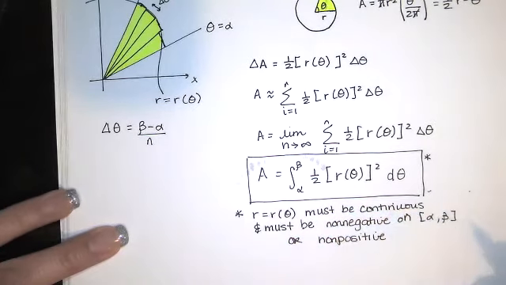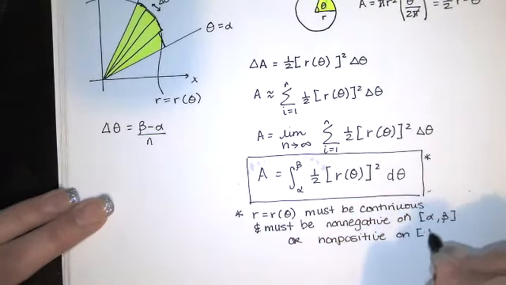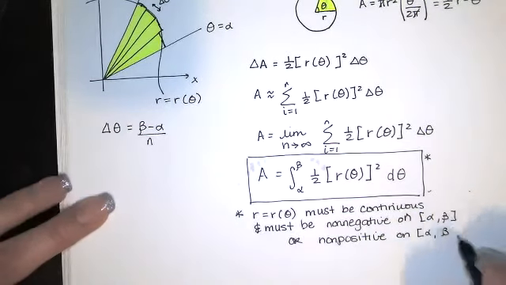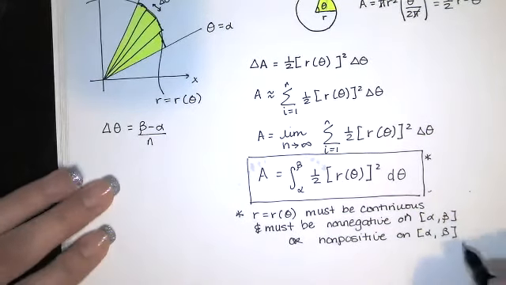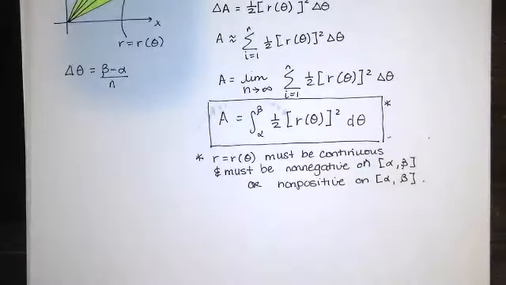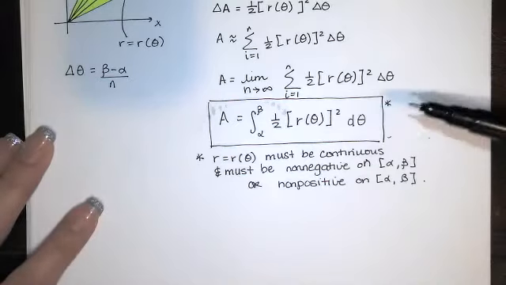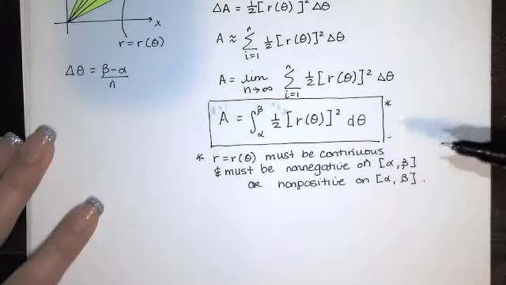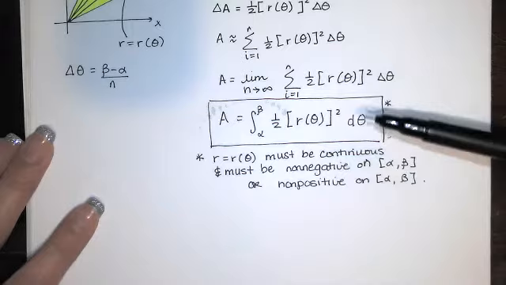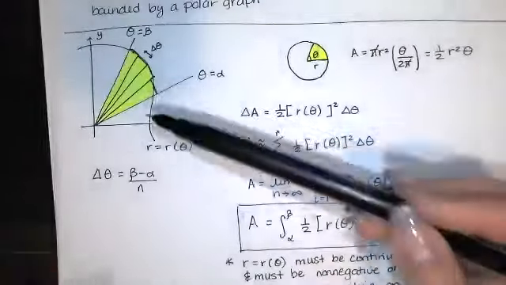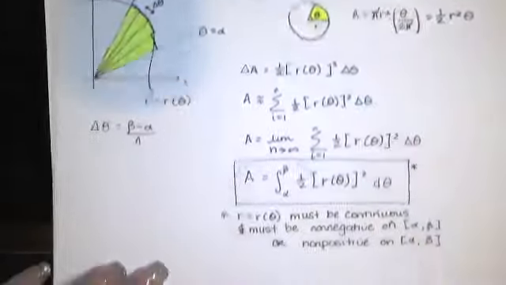So it can be negative and sometimes 0, but not positive on the interval from alpha to beta. But it can't change signs. If r of theta goes from positive to negative, this may not work. Okay. But if r is continuous and non-negative, or continuous and non-positive, then the area of something that looks like this can be found this way.